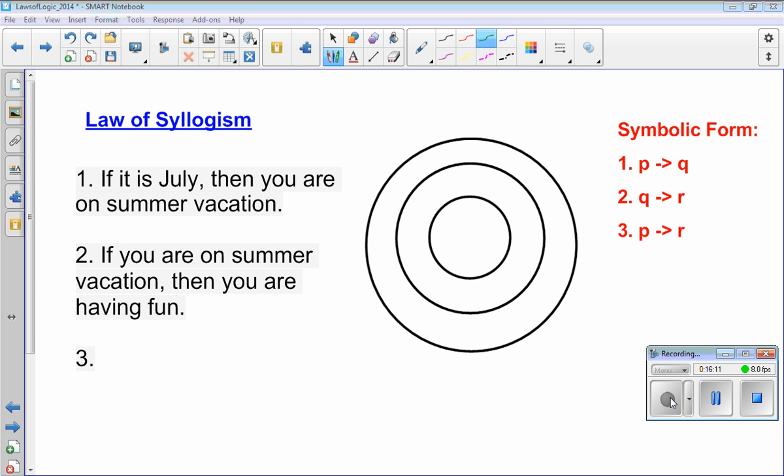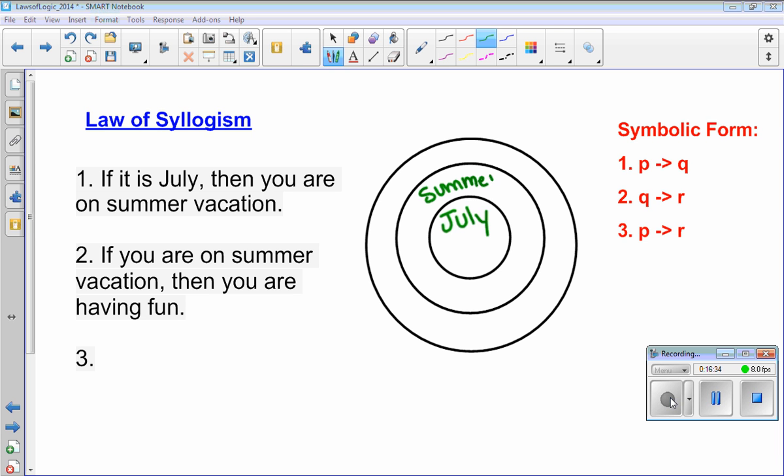Let's fill in the Venn diagram with what we have so far. So with the first statement, if it is July, then you are on summer vacation. Where does the word July go in the Venn diagram? Very, very center, the smallest circle. I agree. If it is July, and then where does summer vacation go? In the middle, right? So then we're on summer vacation.